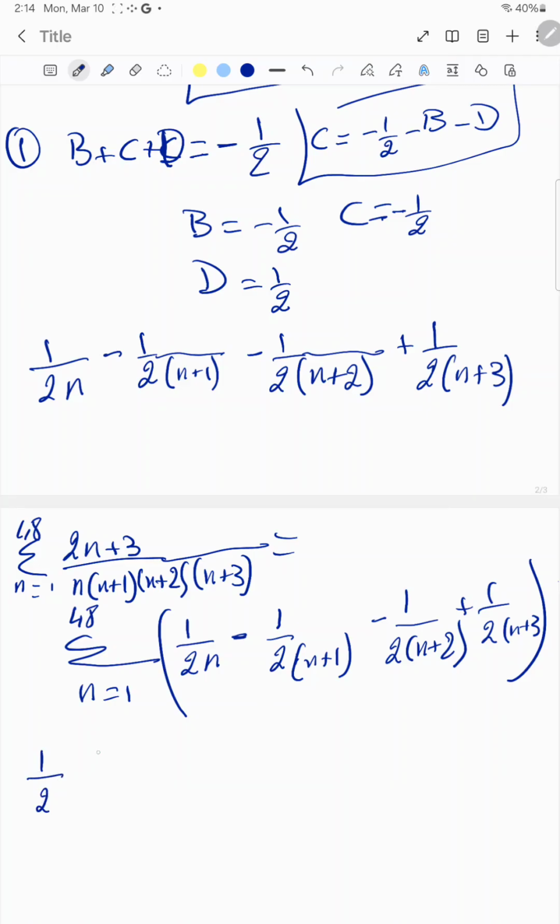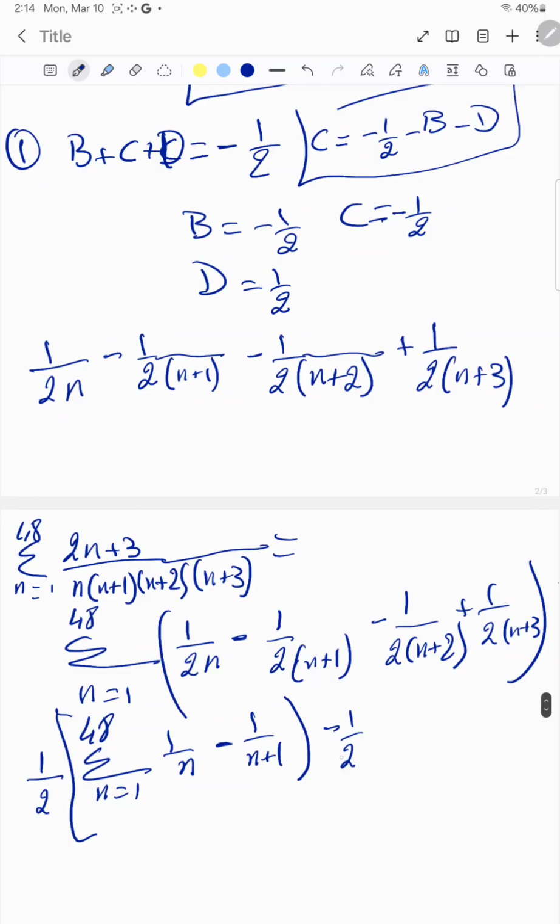So this will be equal to 1/2 times the sum for n equal 1 to 48 of 1 over n, minus, let's open a big parenthesis here, 1 over n plus 1, and then minus 1/2 times 1 divided by n plus 2, and I want it to be plus, so I will put here minus 1 over 2 times n plus 3. And I will close my big parenthesis.